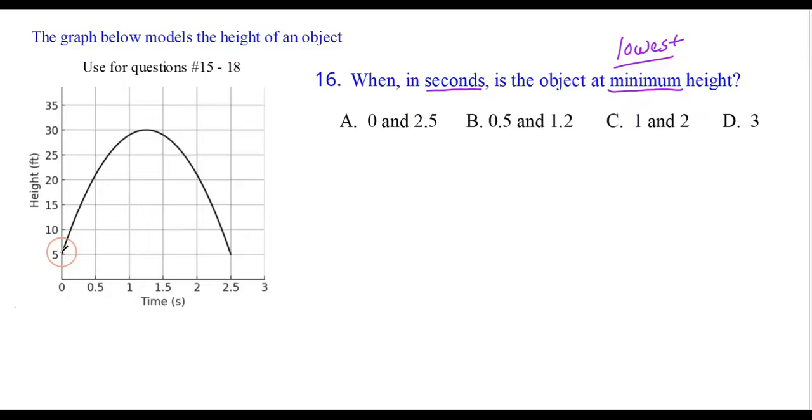Again, let's go over to our graph. The minimum is the lowest point on the graph. So that's here. I'm just going to go from left to right, maximum, and then there's another minimum. When in seconds did that occur?